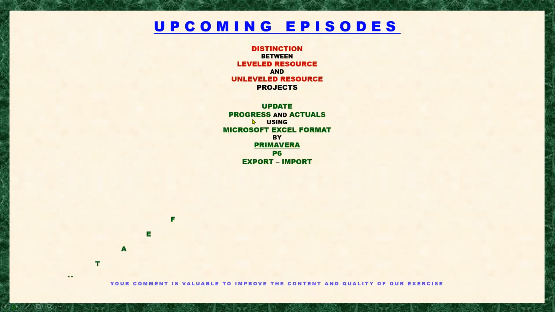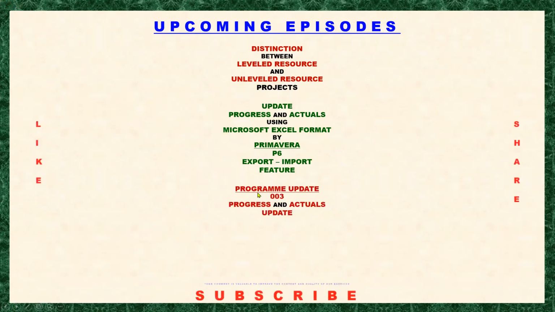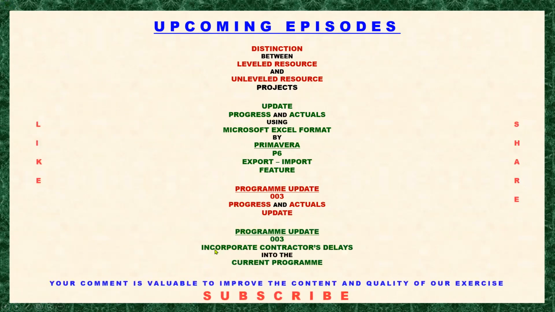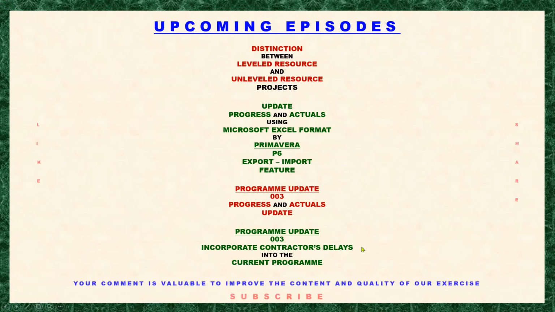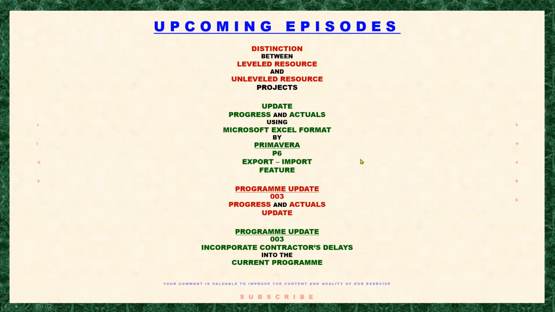Next is updating progress and actuals using the Microsoft Excel format through the Primavera P6 export and import feature. And the next is program update 003, incorporating contractor's delay into the current program. I hope you will be here for these upcoming episodes.